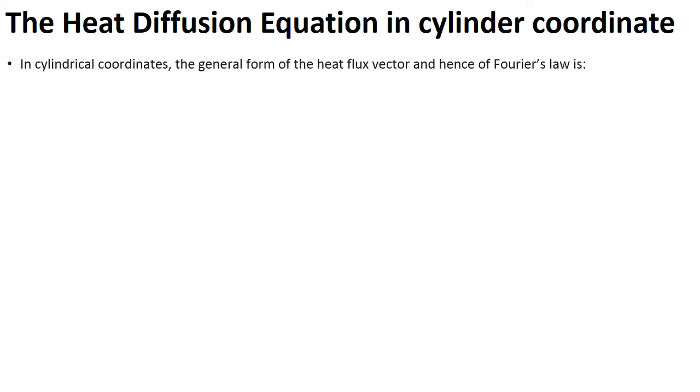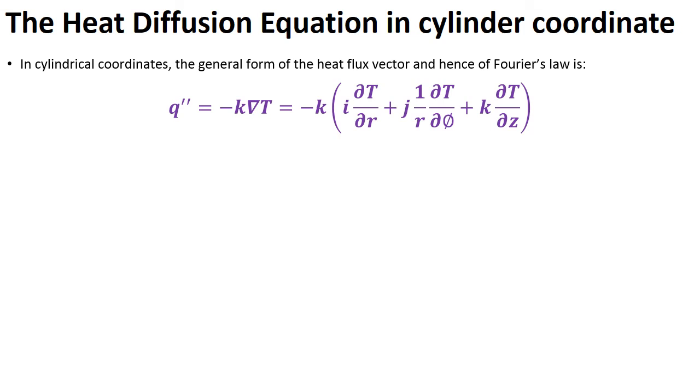And in the cylindrical coordinate system, heat flux will be minus k del T equal to minus k times i dT over dr plus j 1 over r dT over d phi plus k dT over dz. Again here i, j, k are the unit vectors.